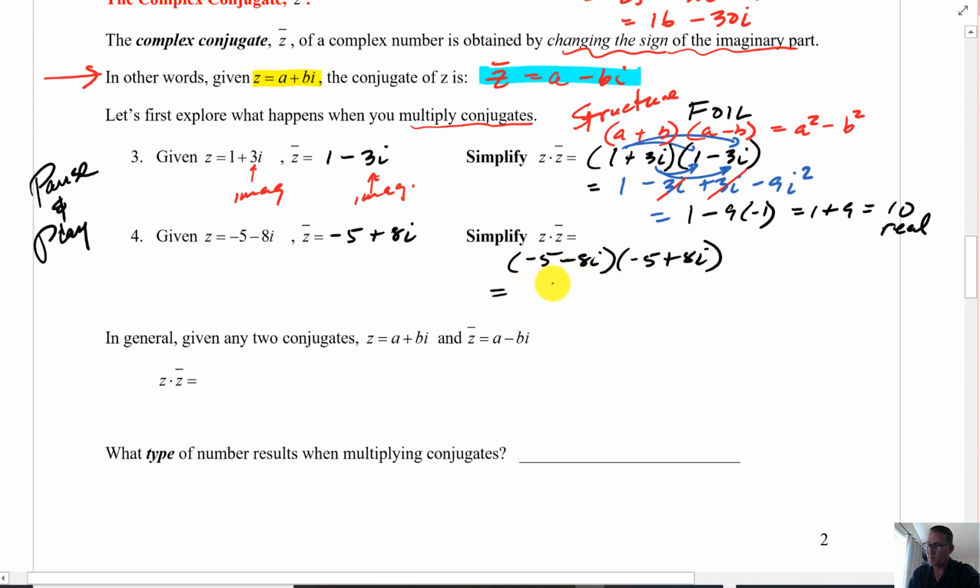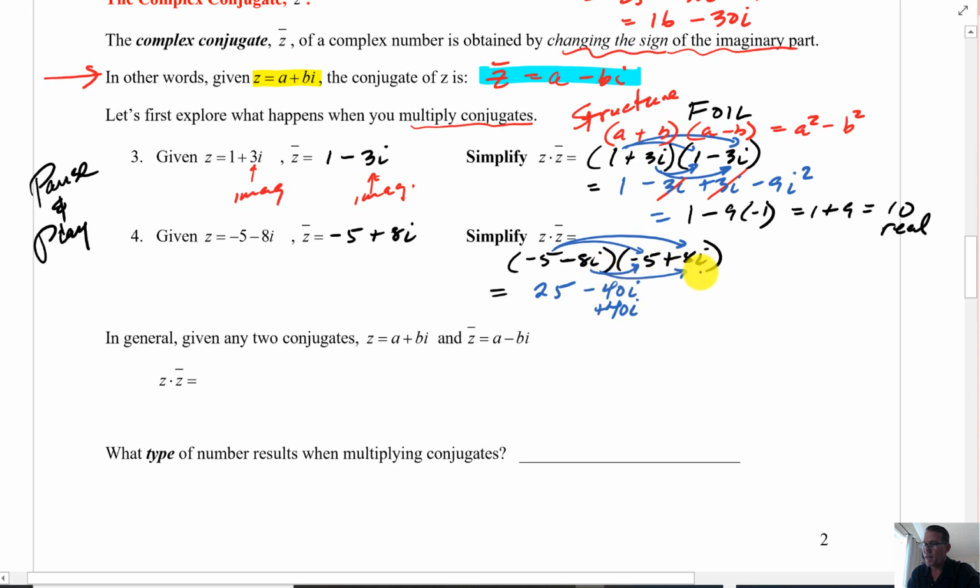Do you get a real number? I don't know. Let's find out. So let's go ahead and multiply here. Negative 5 times negative 5 is 25. Negative 5 times 8i is negative 40i. And then here we have negative 8i times negative 5, which is 40i. I'm going to put a plus sign because it's positive.